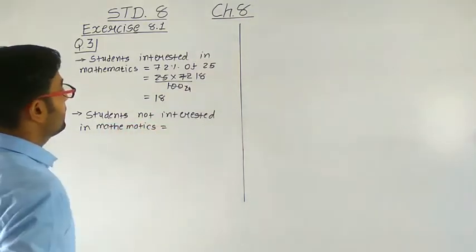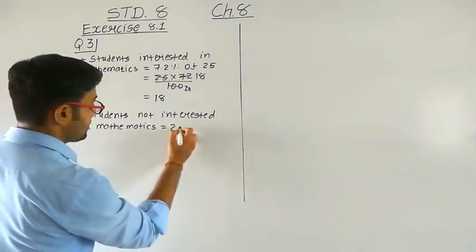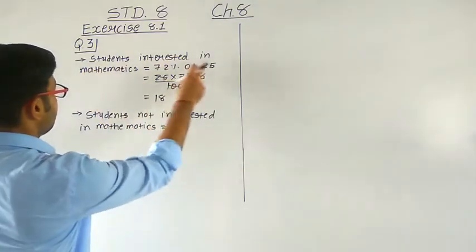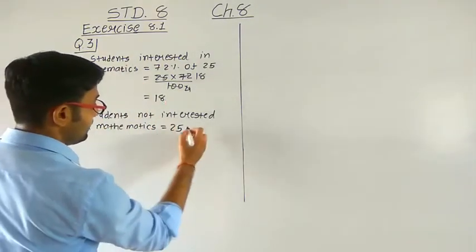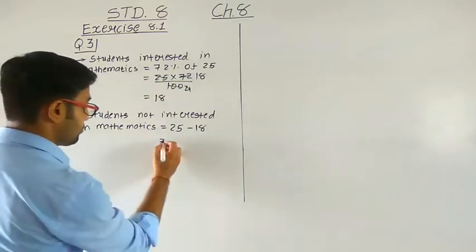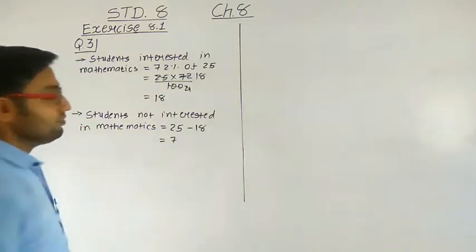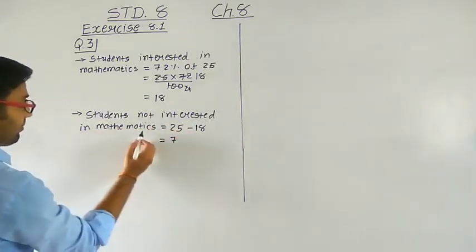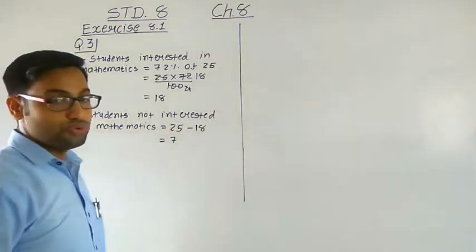Total how many students are there? 25. Out of that, students interested in mathematics are 18, so we subtract it. The total we get is 7. So the students who are not interested in mathematics are 7.